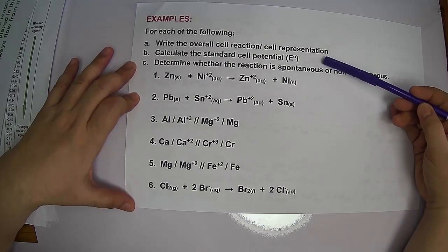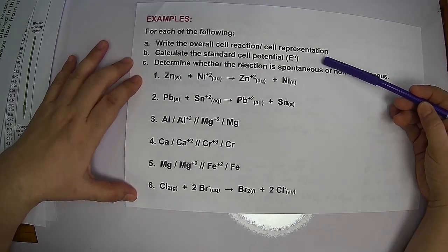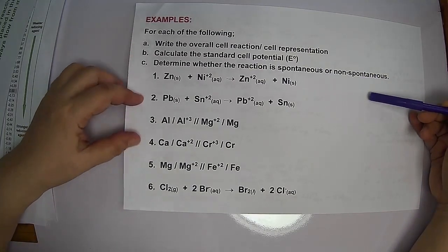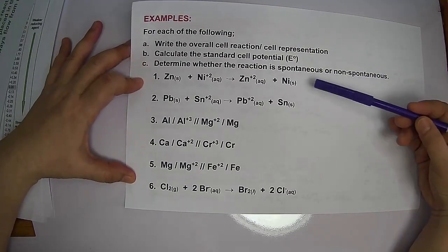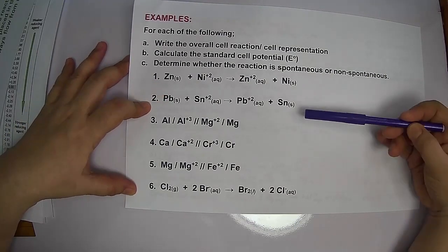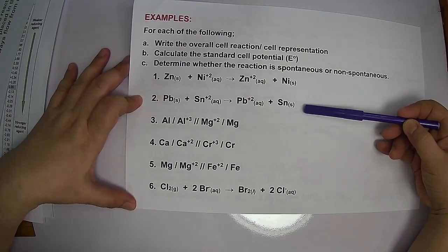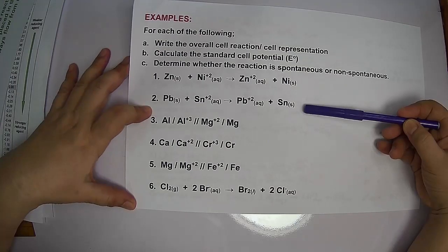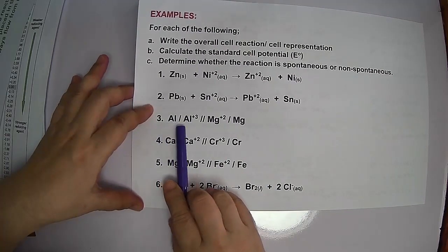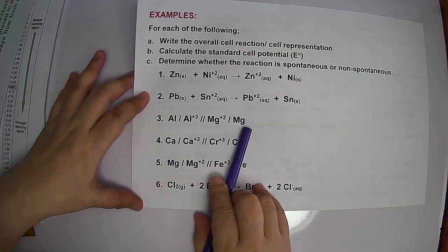Then you're asked to calculate the standard cell potential, E naught, and determine whether the cell is spontaneous or non-spontaneous. We have here the zinc and the nickel involved. And for number 2, we have lead and tin. And we have here the aluminum and magnesium.